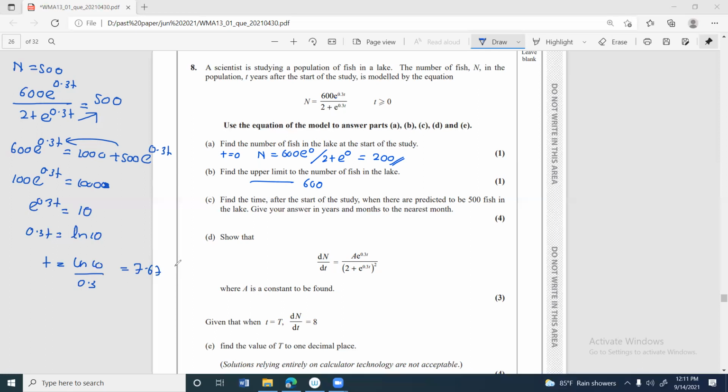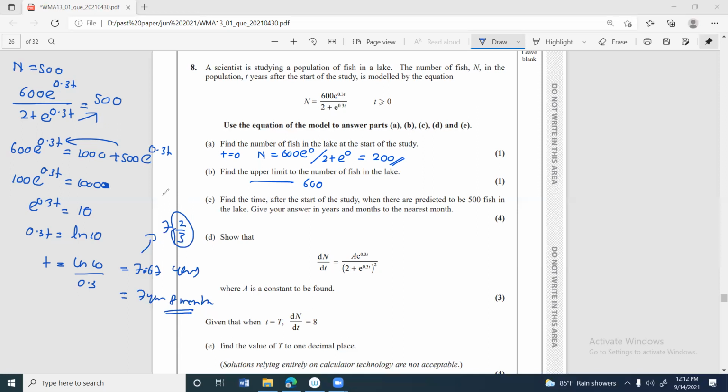Time is measured in years, and 0.67 is roughly 2/3. 2/3 of a year means roughly 8 months. So the answer is 7 years and 8 months. That's a way of getting the answer for this question.